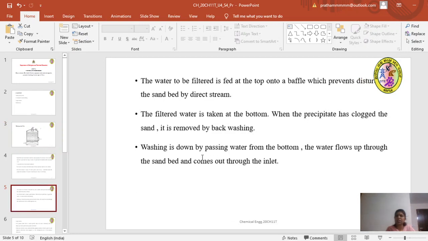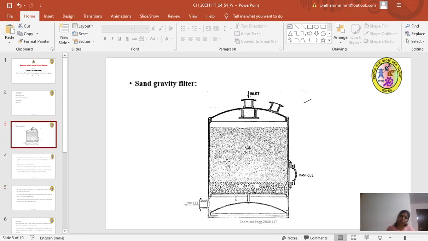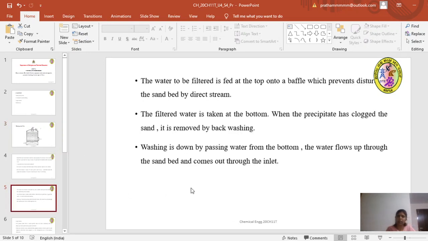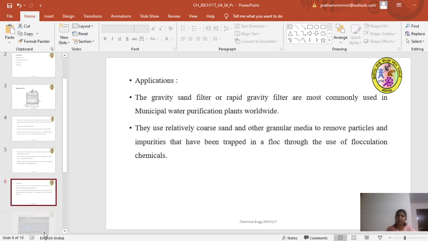So washing is done by passing water from the bottom. The water flows up through the sand bed and the wash water comes out through the inlet.